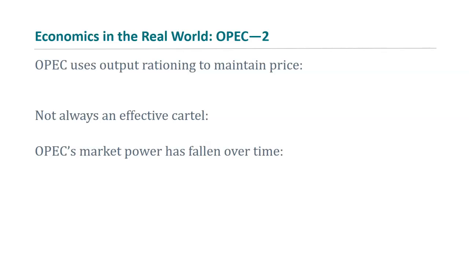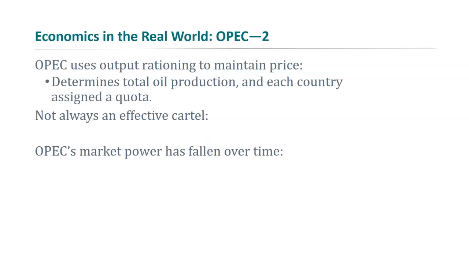And so these 14 countries get together and decide we're going to hang on to our oil reserves and only release a certain amount at a time into the market. Therefore, we can maintain higher prices and higher profits for all of us. So they determine the total oil production, and each country within OPEC is assigned a quota. Here's how much oil you're allowed to sell.